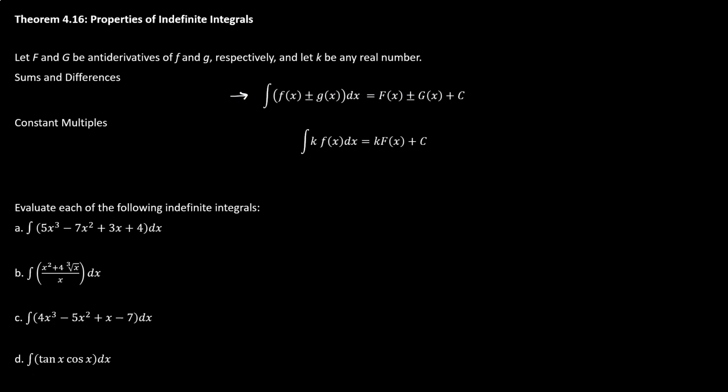If capital F is the antiderivative for little f, and capital G is the antiderivative for little g, then the sum of f and g should also be the sum of the antiderivatives of f and g. And then we also have a statement down here that says constant multiples are able to be factored out. So if k is being multiplied to f, then the antiderivative should also have that multiple of k outside of it as well.